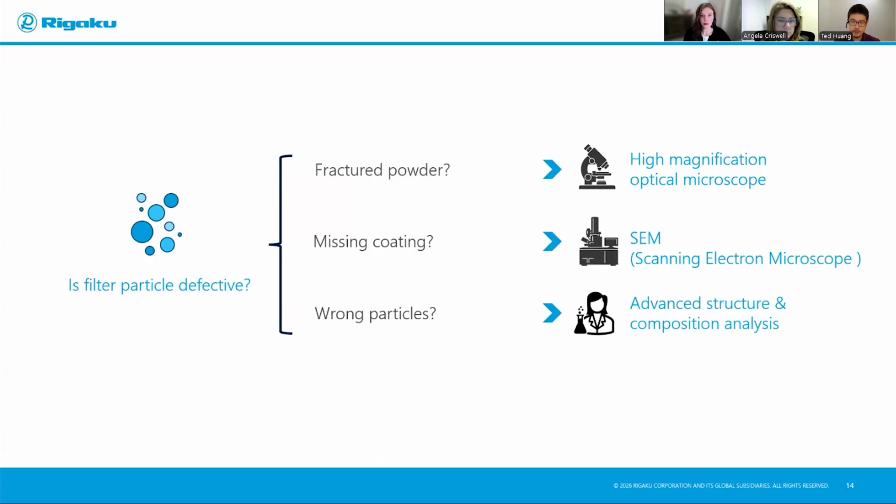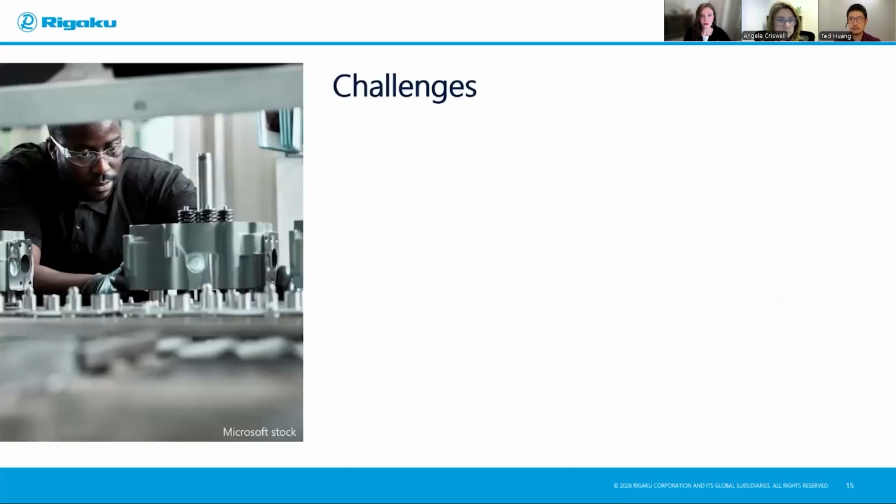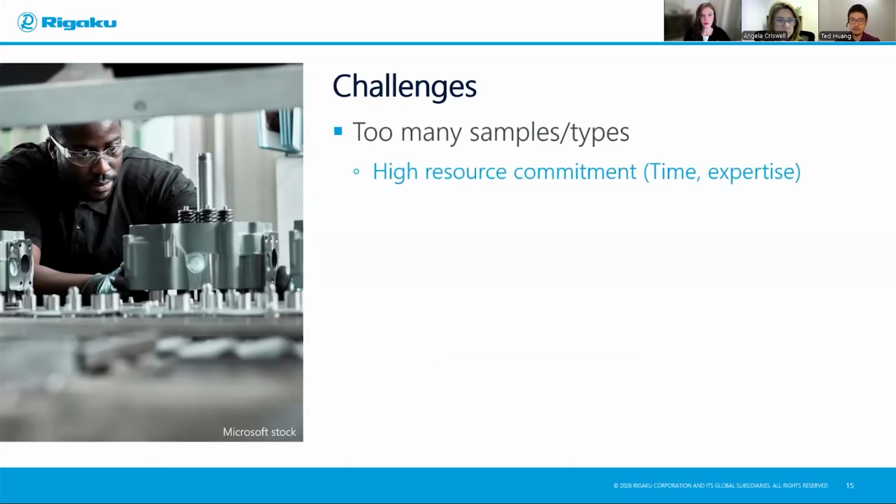So the challenge we're facing in either research or in manufacturing is that to answer these questions, oftentimes there are just too many sample types you have to use. So you have to invest in a lot of high resource commitment, both in time and expertise. And other times, it's often destructive. A lot of times you have to crack it open, you have to destroy it.